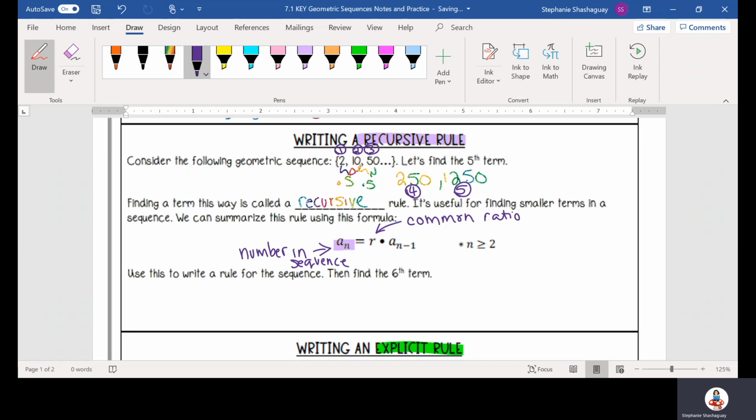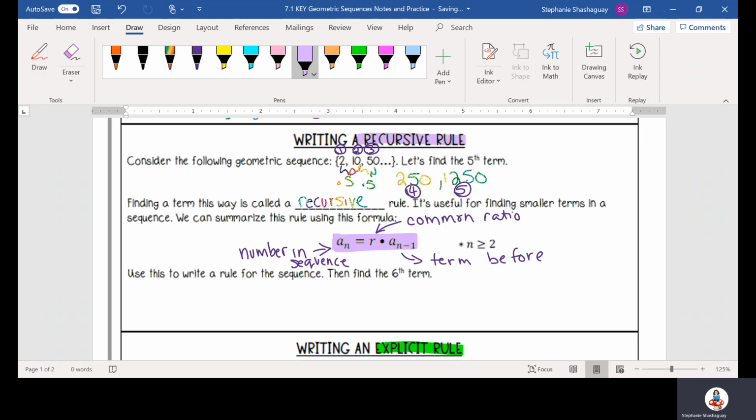And a sub n minus 1 is the term before. So we need to know the term before in order to find any number in the sequence. Okay, so this here is our recursive formula.